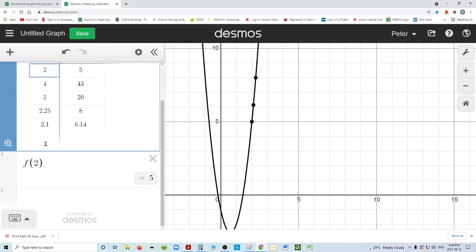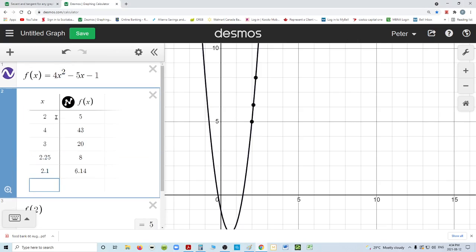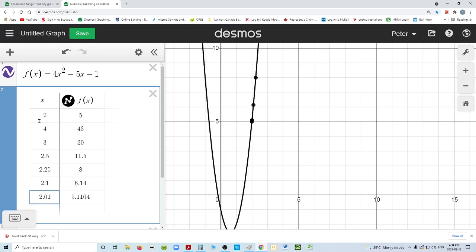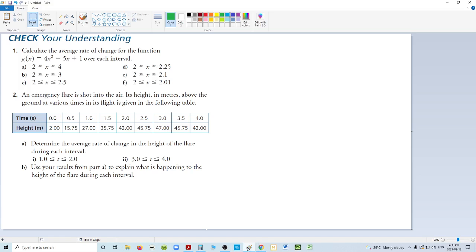Okay. So if I'm going to do them all, I can do 2, 4, 3, 2.5, 2.25, 2.1, and 2.01. All right. So we're just going to print that. And we're just going to work with things one at a time, okay?